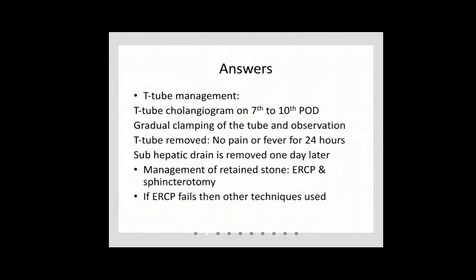So what is the most significant investigation for malignant jaundice? CT scan of the abdomen. Yes. CT scan of the abdomen with contrast and or MRCP is the most sensitive for hepatobiliary pancreatic malignancy.